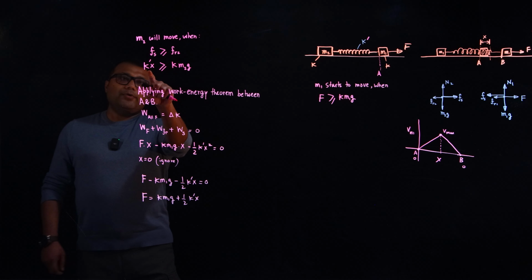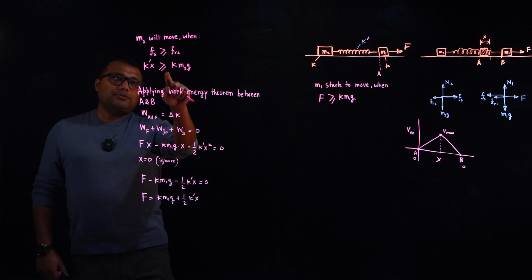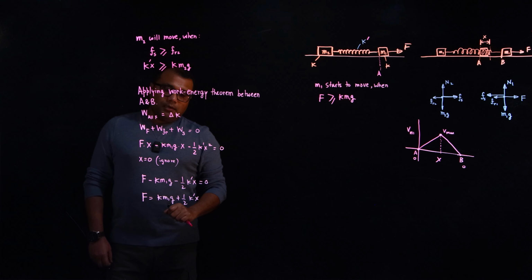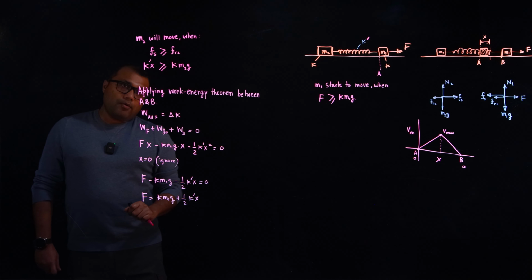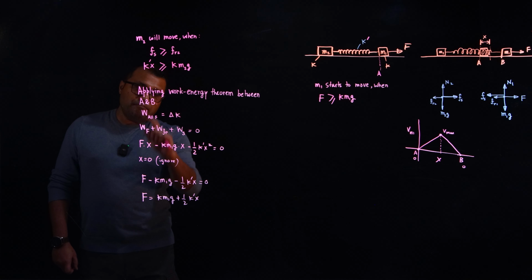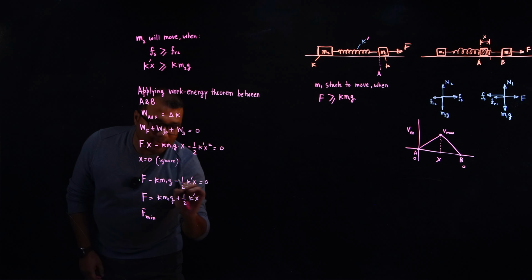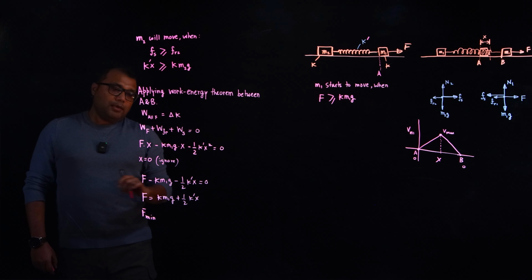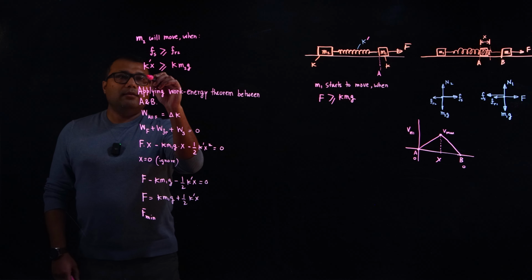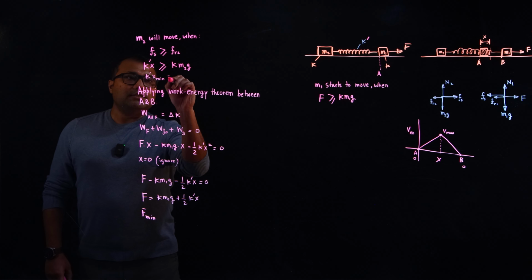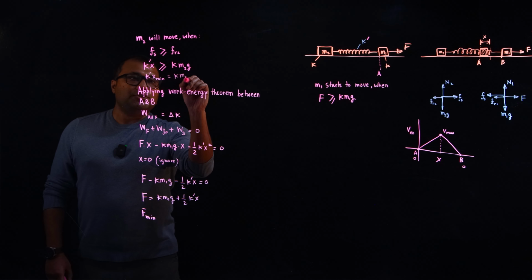Now m2 will move when k dashed x is greater than or equal to k m2g. So we can say that for F to be minimum, we need x to be minimum, and x is minimum when k dashed x min is equal to k m2g.